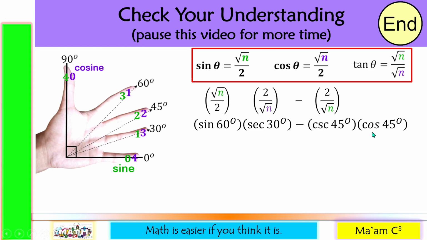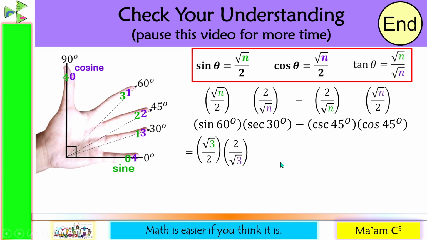And for cosine, we have the square root of purple n over 2. Sine 60 degrees, here is 60 degrees, is square root of green number, so that would be 3, is square root of 3 over 2. Next one, 30 degrees, here is 30 degrees, 2 divided by the square root of purple number. So 2 divided by is square root of 3.